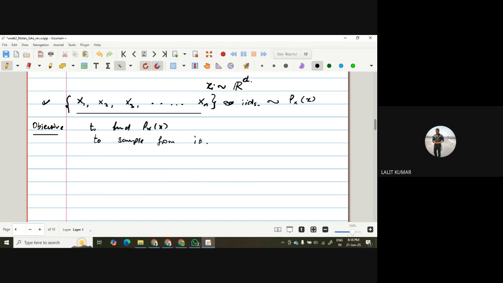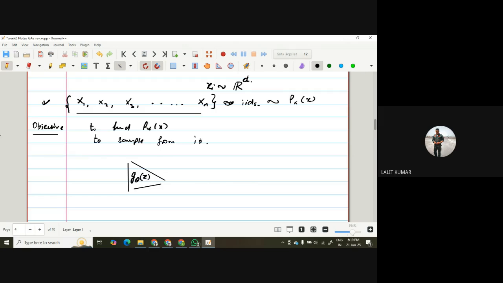Now we said that if we have got some function g theta of z, we know that neural networks are capable of approximating any function, any distribution.